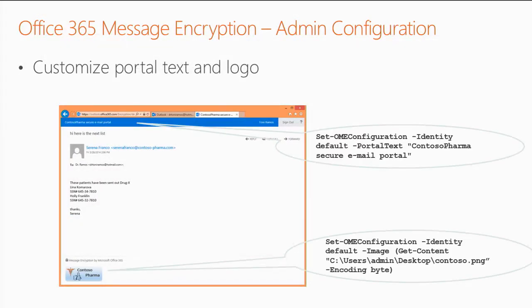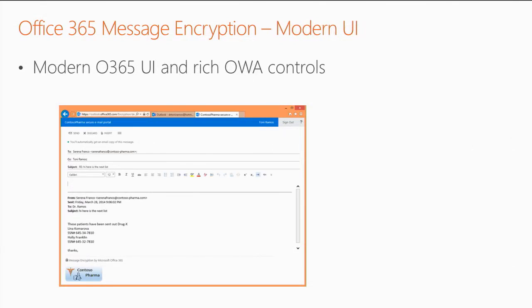You still use a set OME configuration commandlet to set the portal text. We have the logo as well as the portal view that they get. And we saw the beautiful O365 UI and the rich OWA controls that you get at the portal. Spell check, text editor, all that stuff is there in the O365 message encryption portal.